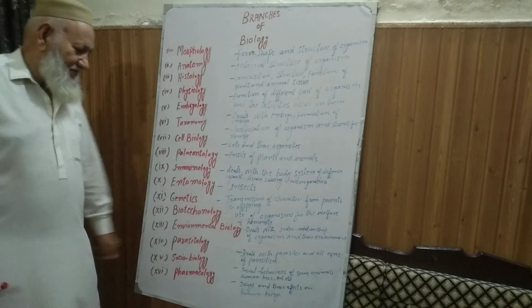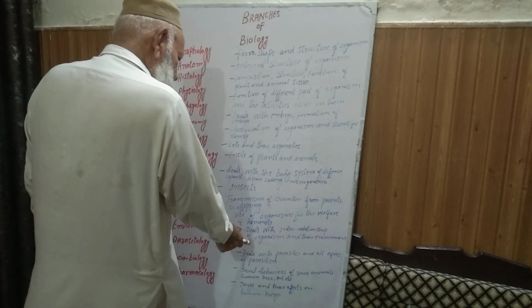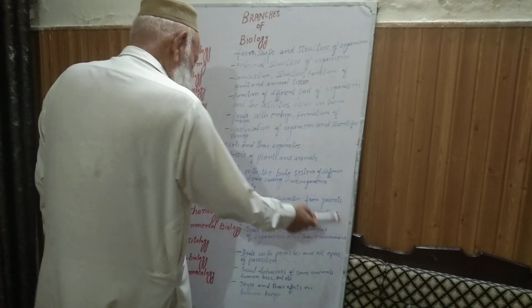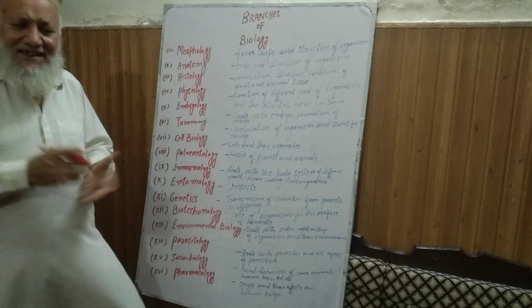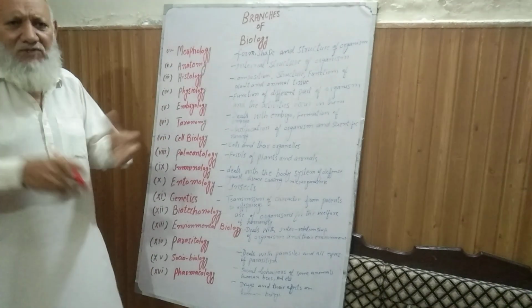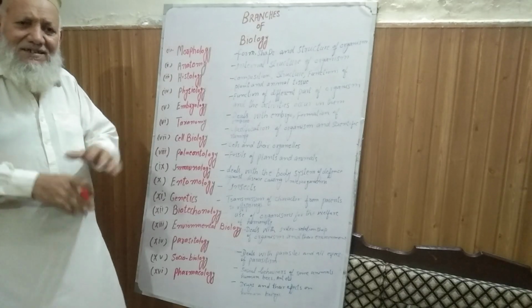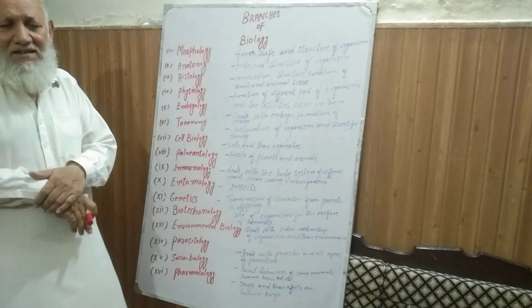Environmental biology. Environmental biology deals with the interrelationship of organisms and their environment. Here the living organisms are present and there is some environment present. Already you know what environment means. Environment is the place which surrounds anything.